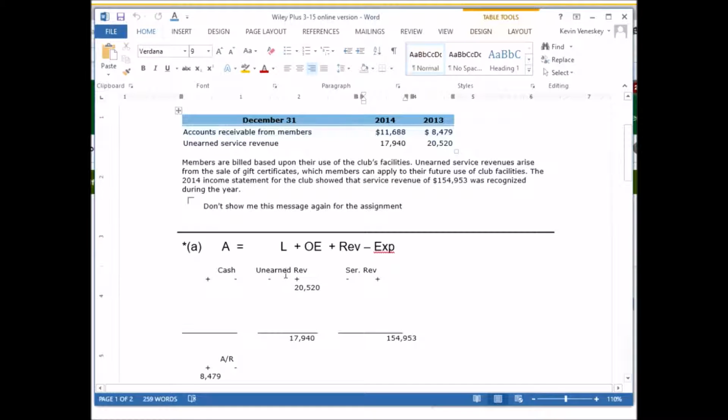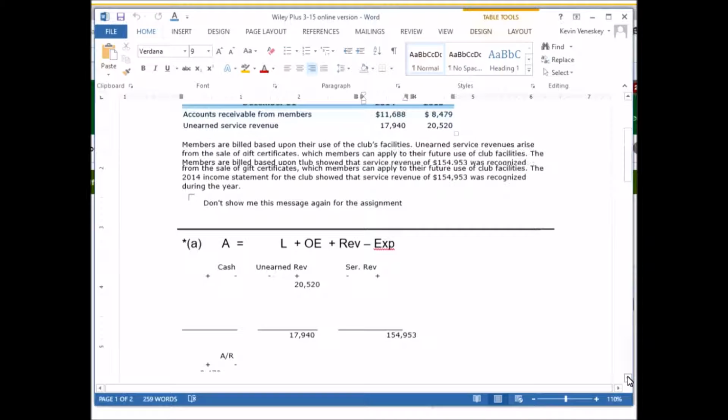It says we started out with unearned revenue of $20,520. That was last year's ending balance, so that's this year's beginning. And we ended with $17,940. However, there were many items that took place in between, and one of our tasks is to figure out what happened.